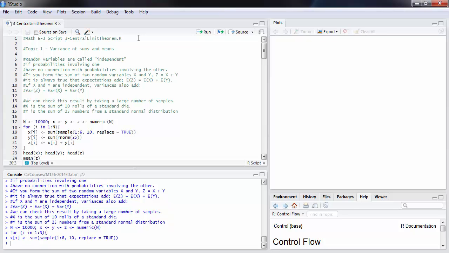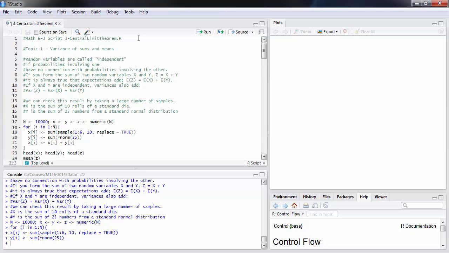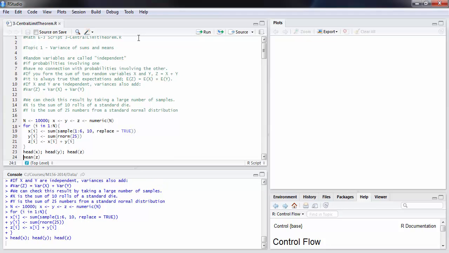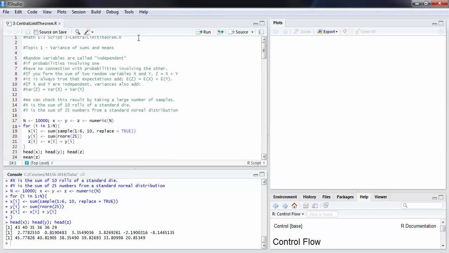In the ith slot for y, I will store the sum of 25 samples drawn from a standard normal distribution, and then I will store the sum of those two quantities in the ith slot for z. Let's have a look at what we've got.